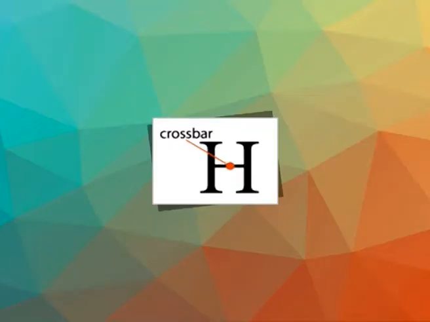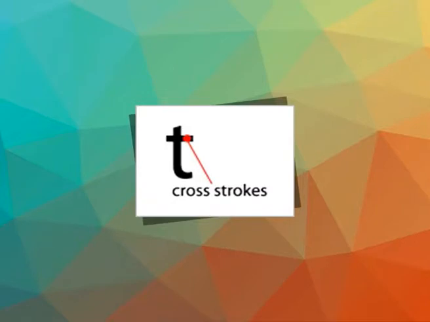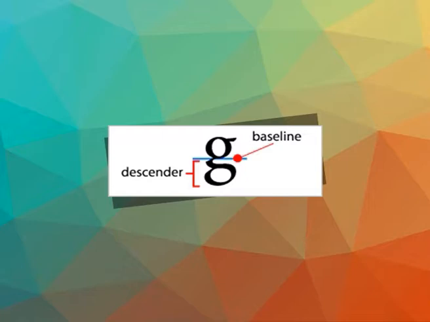Crossbar. The horizontal part of a letterform that connects, for example, a stem to a hairline. Crossstroke. The horizontal part of a letterform that intersects the vertical part. Descender. The portion of a lowercase letterform, for example y, p or q, that descends below the baseline in a typeface.